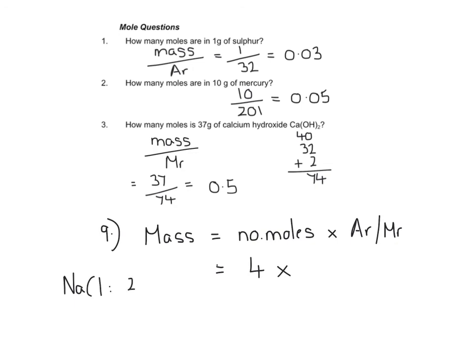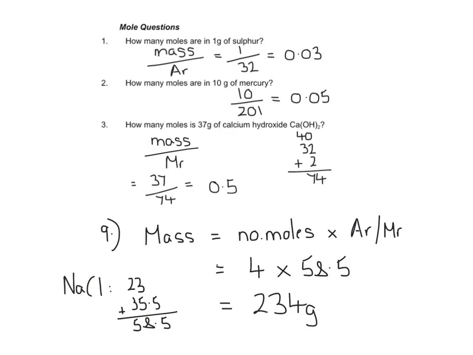Sodium's top number and chlorine's top number added together will give 58.5. So it will be the number of moles times the MR, and when I work that out, I find that the mass of 4 moles of sodium chloride would be 234 grams.